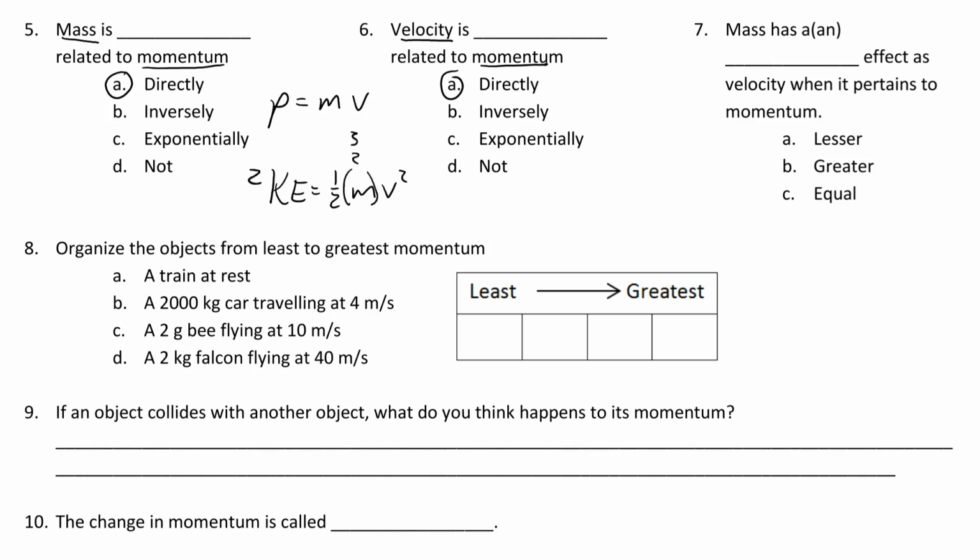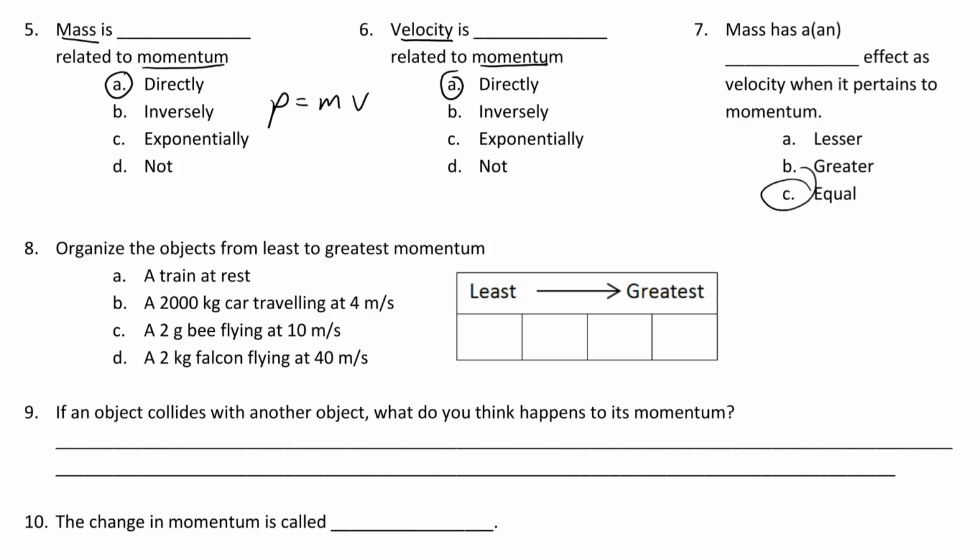And if you triple the mass, the kinetic energy triples. So as you can see from the equation, the velocity would affect the kinetic energy more. But since these are both directly related, they have equal effect when it comes to momentum. That's what I was trying to get at there.